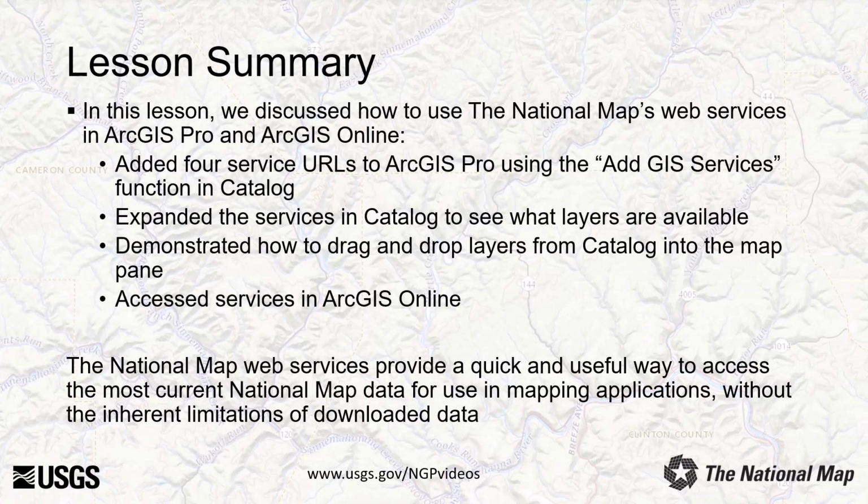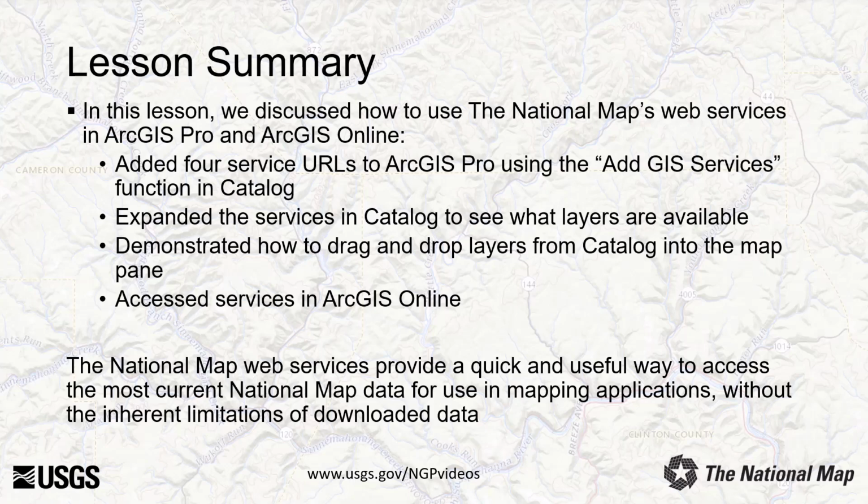In this lesson, we discussed how to use the National Map web services in ArcGIS Pro and AGOL. We added 4 service URLs to ArcGIS Pro using the Add GIS Services function in Catalog. We expanded the services in Catalog to see what layers are available, and we demonstrated how to drag and drop layers from Catalog into the map pane.